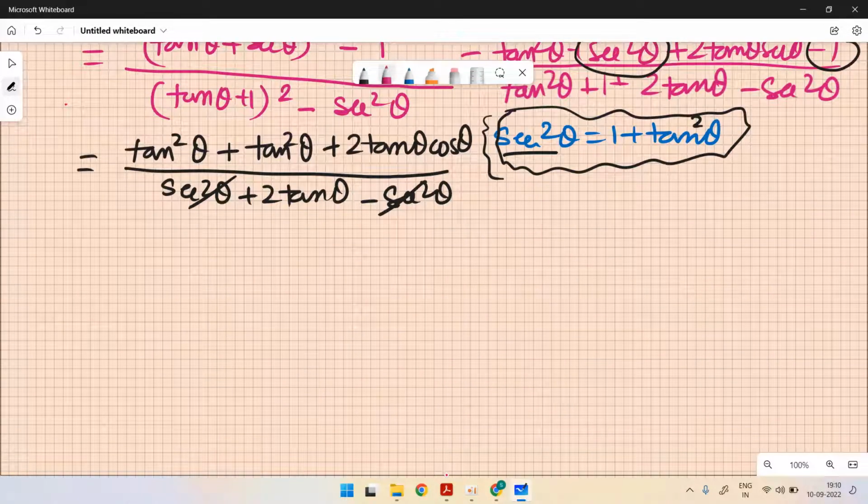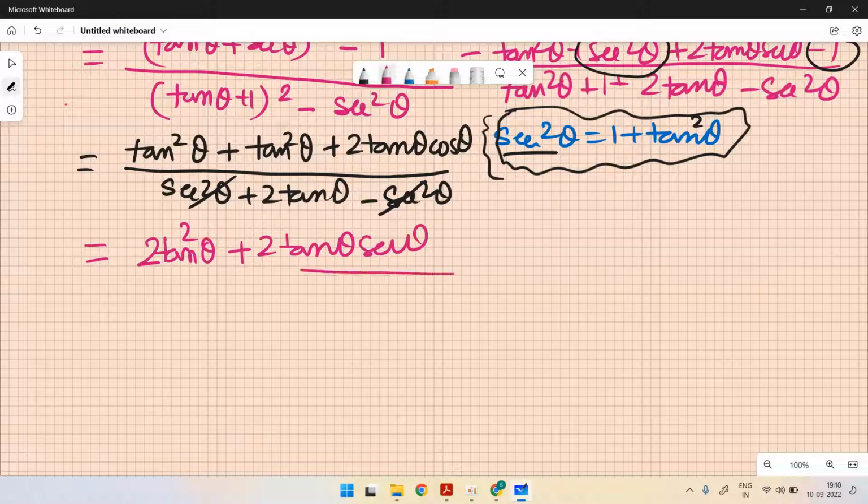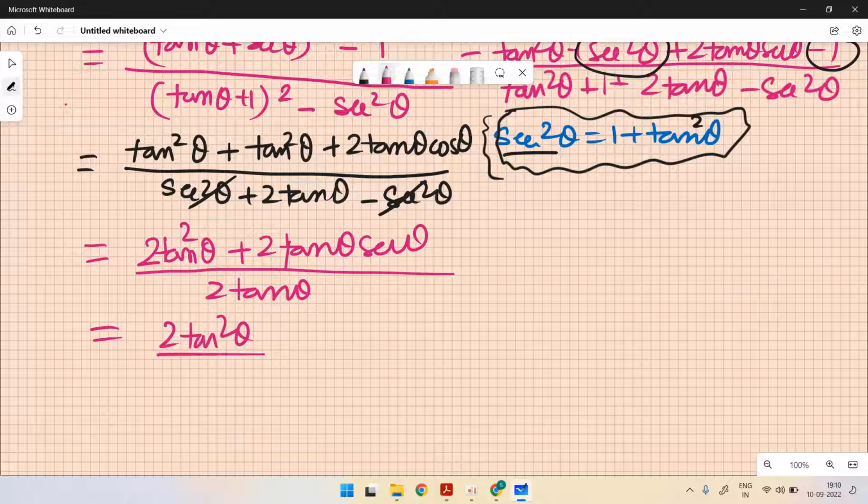In the numerator, I will take 2 and tan theta as common, so 2 tan square theta plus 2 tan theta secant theta upon 2 tan theta. If I write it individually, this is 2 tan square theta by 2 tan theta plus 2 tan theta secant theta by 2 tan theta.